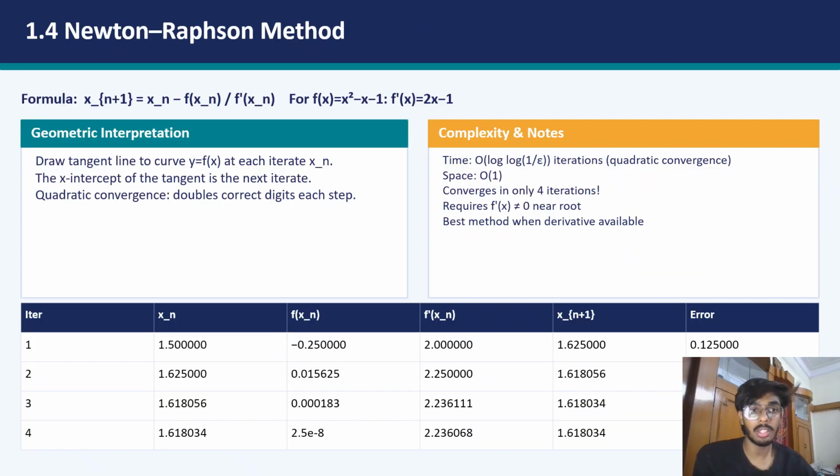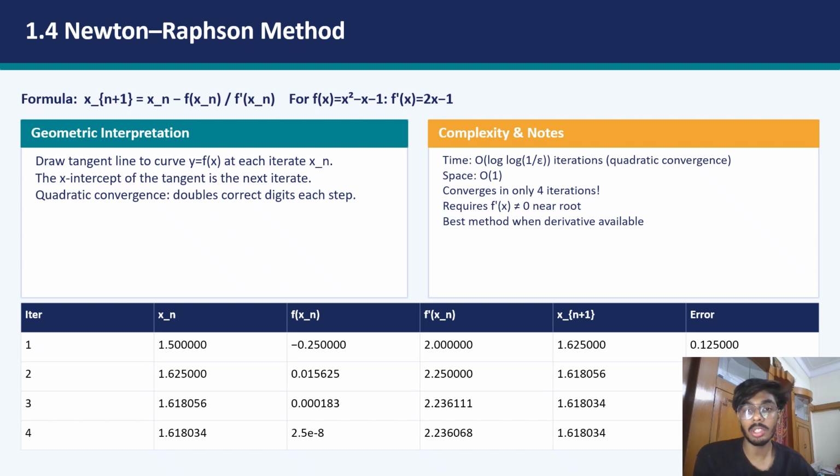The fourth method we have is the Newton-Raphson method, the most effective and efficient method. The geometrical interpretation is that we draw a tangent line to the curve y equals f of x, and at each iteration, the x-intercept of the tangent is the next iterate. It is the fastest method to find the root of a polynomial.